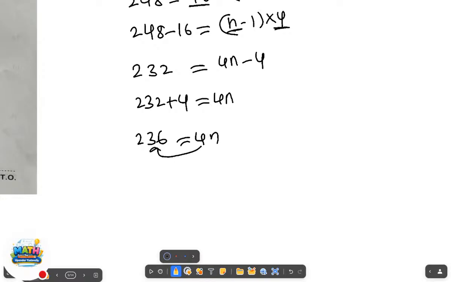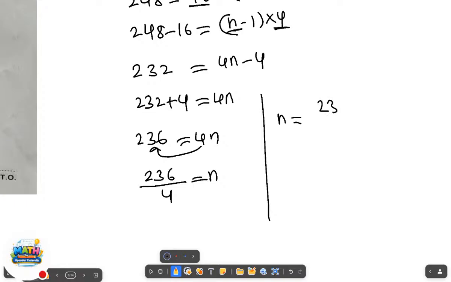Then bring 4 to the left side. What will happen? 236 by 4 is equals to n. Otherwise we can write it as n equals 236 by 4.